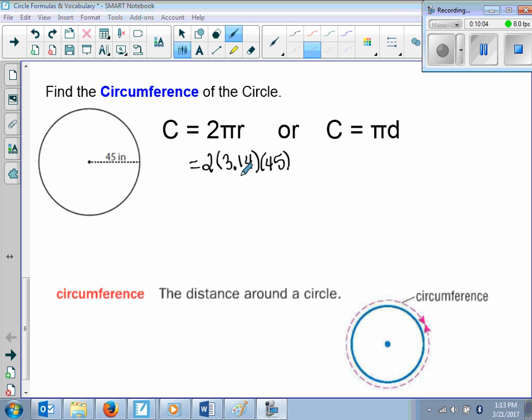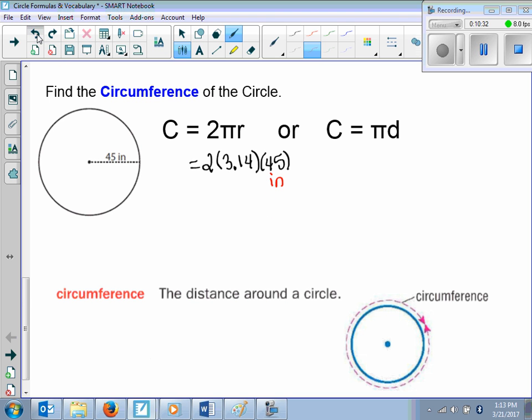No. Any units on 45? We have inches, right? So, how many times am I going to multiply inches? Just once, right? Not like the other one, we multiplied feet times feet, right? Here, we're only going to multiply inches once. So, that means that units is just going to be just plain old inches. Is everybody clear? All right.